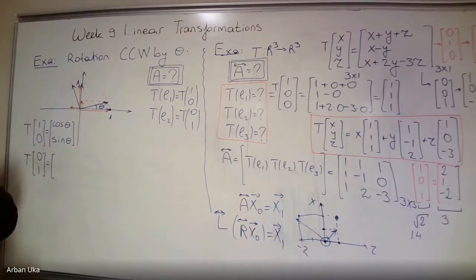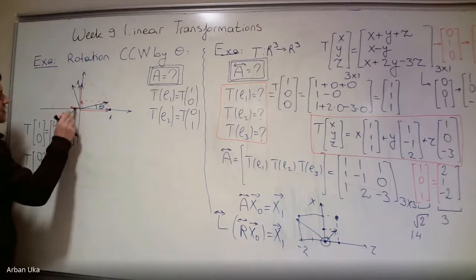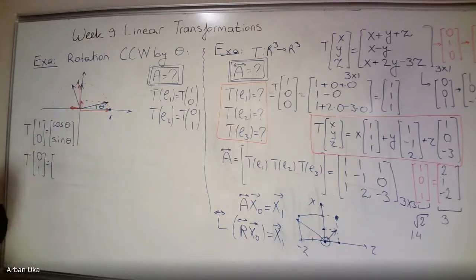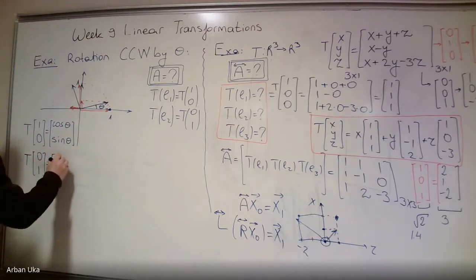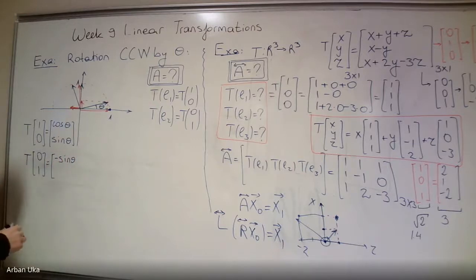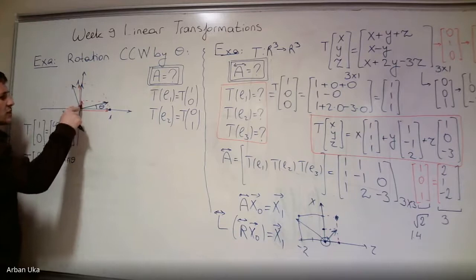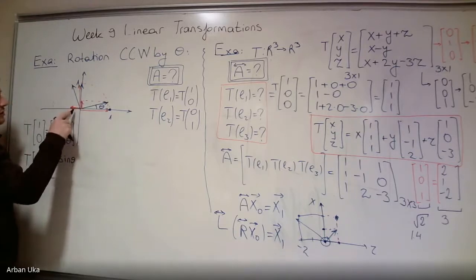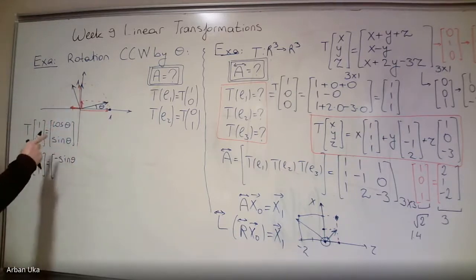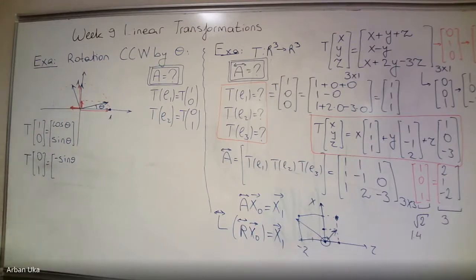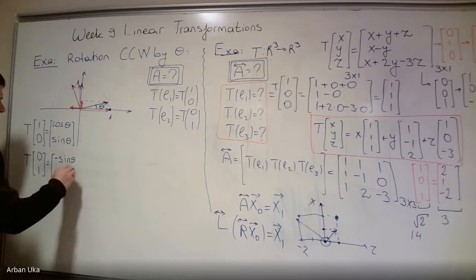Now, the projection onto the x-axis is this vector, which is equal to what? You said it. It is minus sine theta, because sine theta is this short side. It is sine theta, but with a minus because it is pointing along the minus x direction, and this is cosine theta.